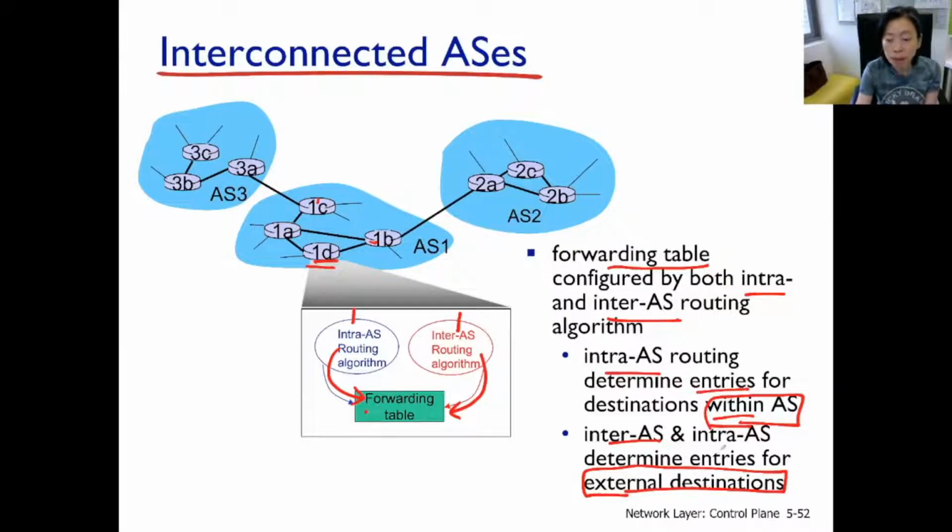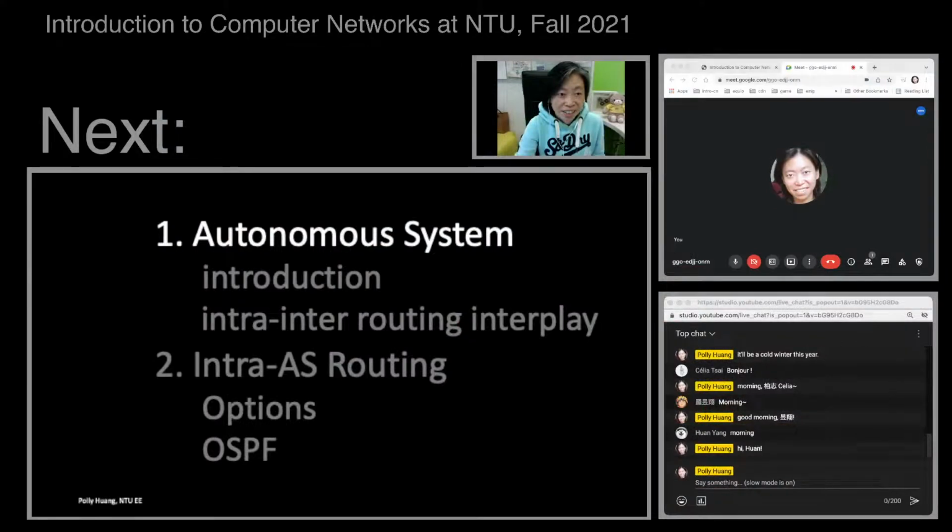But intra-AS will also be telling 1D the right way to go to that particular gateway router. So you see here the interplay of inter-AS and intra-AS routing for packets going outside of the AS. Don't worry, there's one more illustration to make sure that the interplay between intra and inter-AS routing is clear.